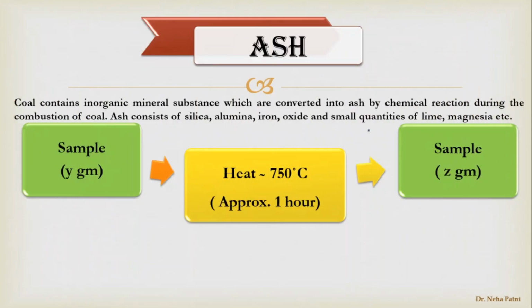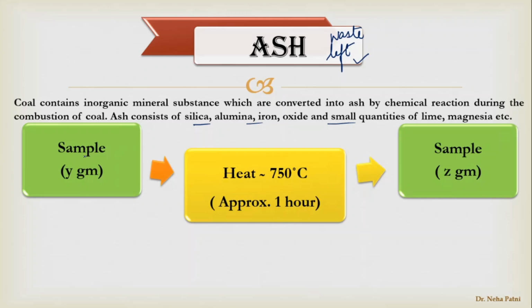Now the third step is to find out the percentage of ash. What is ash? It is whatever is left after combustion. It's a waste which is left after combustion. Normally all inorganic substances are left after combustion. They are not fully combustible, like silica, alumina, lime, magnesia, iron, etc. And for that, again the procedure remains the same.